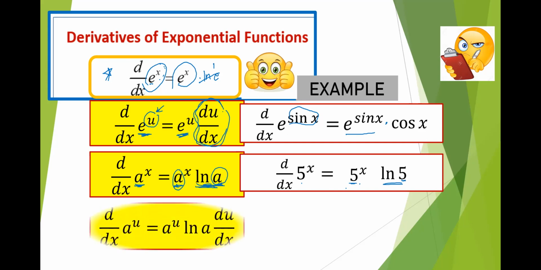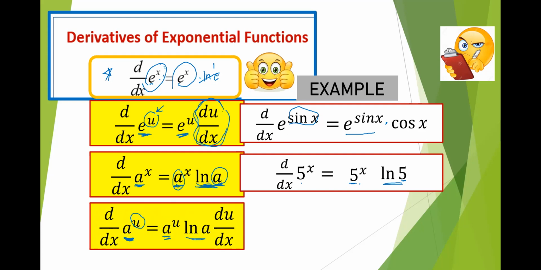And then what if we are given this one, where the exponent for a is a u, which is a function of x? Again, if we follow the formula, there's always the copying part. The copied part is a to the u, whatever is the given. Again, you still have the ln a.